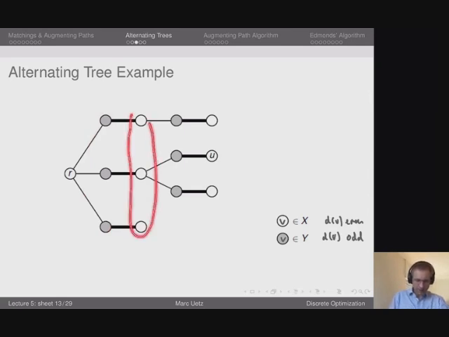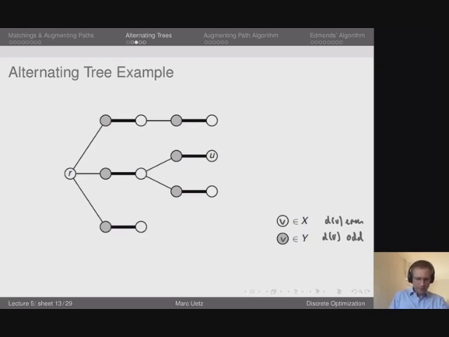Then the next nodes, that is the unique nodes, because this is a unique matching edge, have an even distance, and then again an odd distance, and so on. Notice that this vertex here of degree 3 in the tree can only happen at a node with an even distance, because otherwise there is always a unique matching edge to continue the construction.